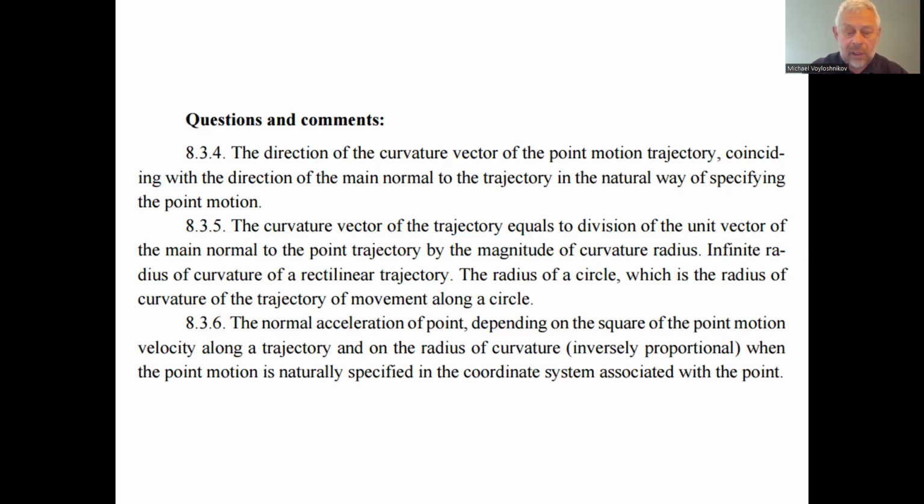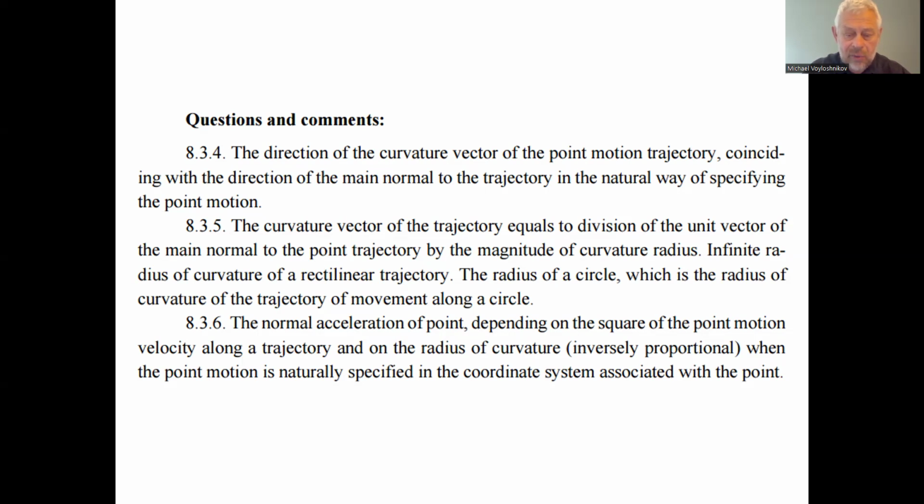The definition of the magnitude of the curvature: we find this as the derivative of the increment of the tangential orth of the moving natural coordinate system, by the reference variable, which is the size of the motion of the point along the trajectory, by a definite small arc.